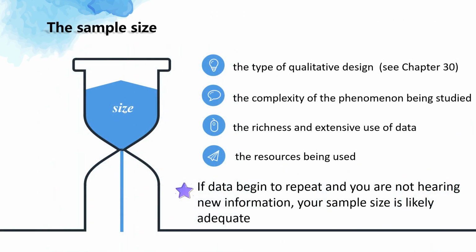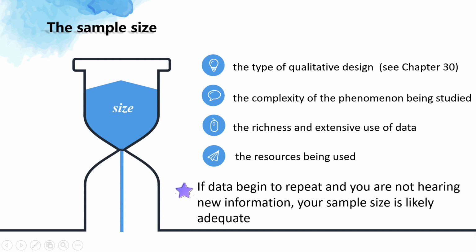With regard to the sample size, it's determined by several factors: the complexity of the phenomenon being studied, the type of qualitative design you are using, the richness and extensiveness of the data, and the resources available. When planning a study, it's helpful to examine similar studies and consider your resource constraints.